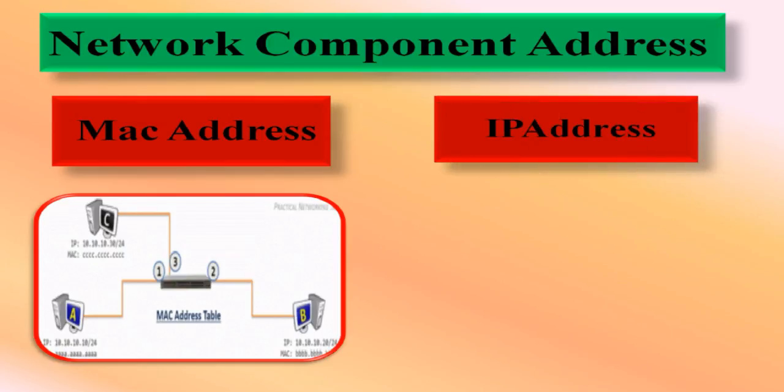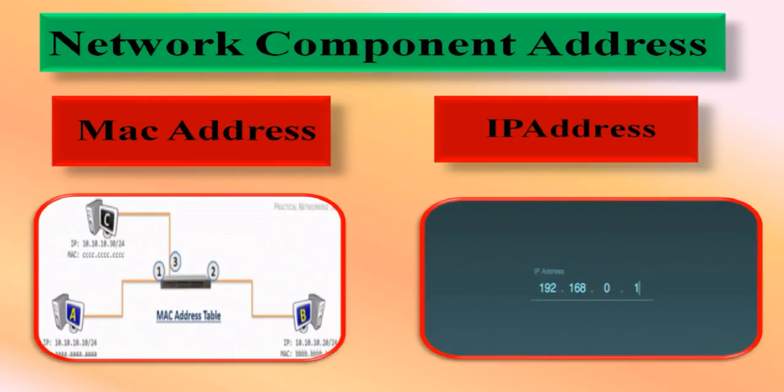Next network component address is IP address. IP address stands for Internet Protocol Address. Every device or system on the internet has a unique number assigned to it, that is called an IP address. Without a unique IP address on our machine, we will not be able to communicate with other devices, users, and computers on the internet.